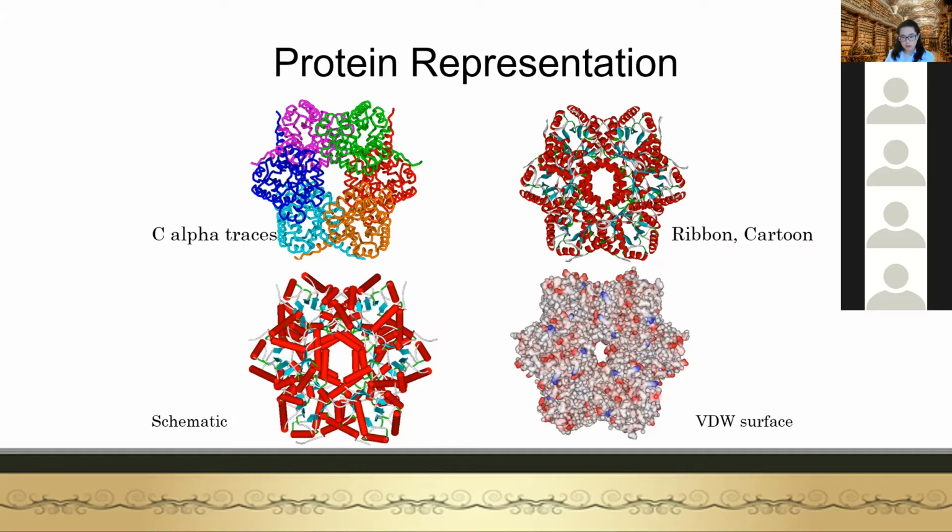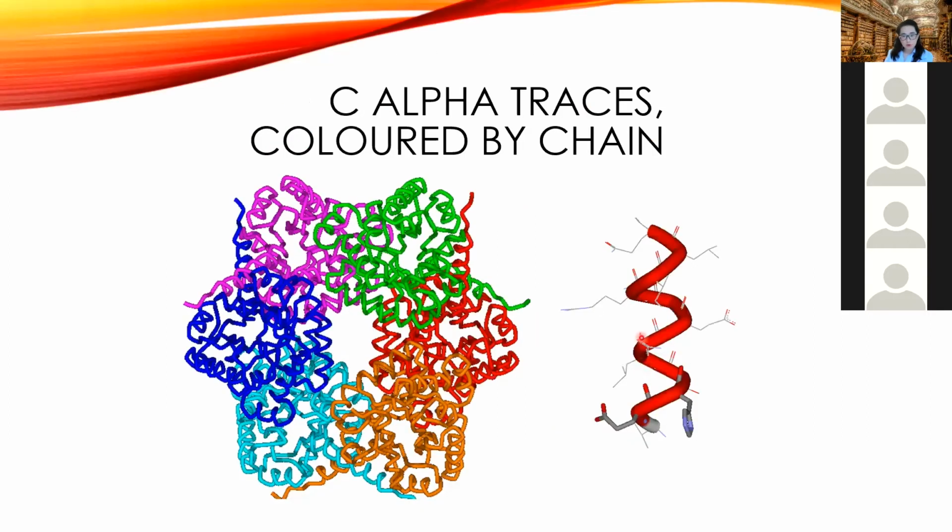And the van der Waals surface will be the van der Waals radii that sometimes are shown coupled with the electrostatic properties, so you can see the partial negative charge or partial positive charge in colors. So let's zoom in. This is the alpha trace colored by chain. So you have the alpha helix like this.